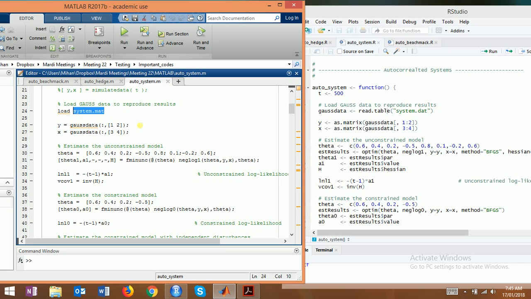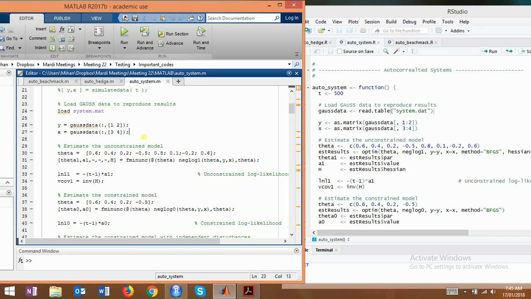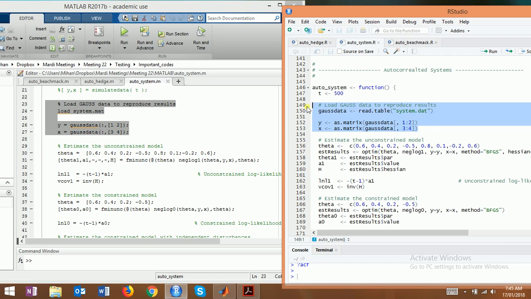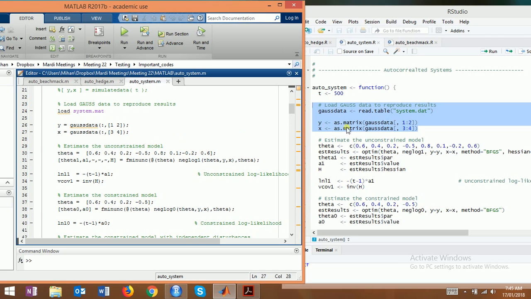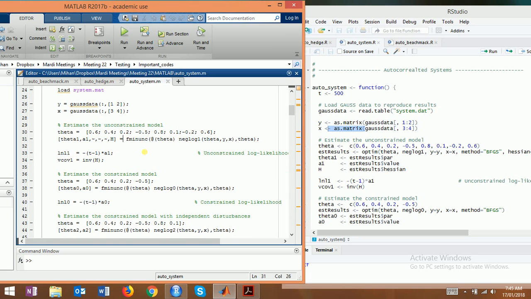If we run the system, then Gauss data generally reproduces. This is another way to run simulation. If you ask the system to load system.mat, then Gauss data automatically reproduces this, and we want y and x to be matrices. So this is one way.